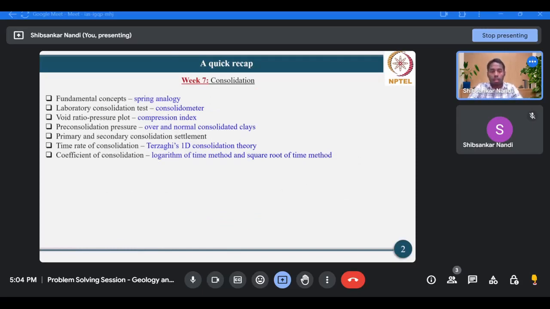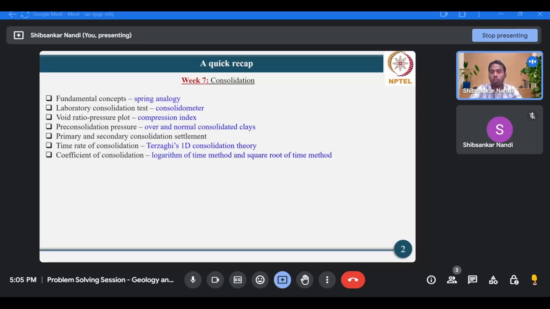In the last few weeks, we had solved a few numerical problems regarding permeability in soil, seepage through soil, and construction of flow net, how to calculate the rate of flow and the hydraulic gradient with the help of this constructed flow net, and then the calculation of the height of capillary fringe, the negative pore water pressure, followed by effective stresses.